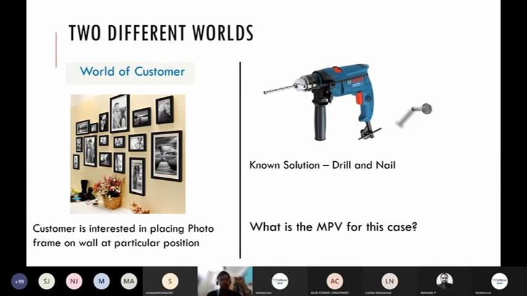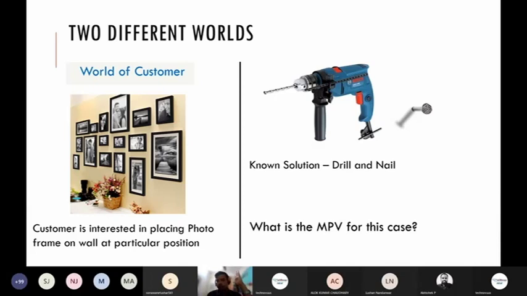MPV is free from any form of solution which is in your mind. You are getting biased because your company is manufacturing only drills, or somebody told you this solution, or something somewhere is there in the mind, and that is going to be a very big obstacle if you are biased with the solution.